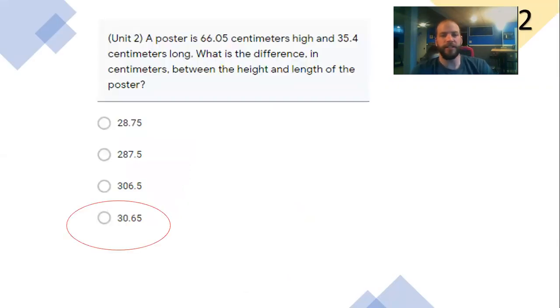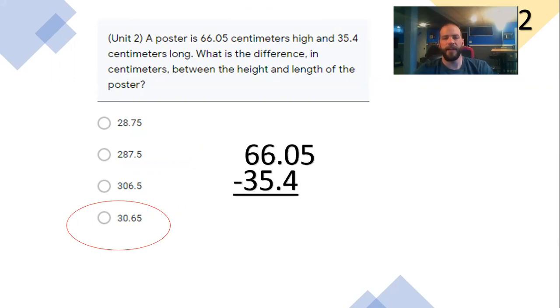A poster is 66 and 500 centimeters high, 35 and 4/10 centimeters long. Well, what's the difference? So difference is the answer to a subtraction problem. We put 66 and 500 on top, 35 and 4/10 on the bottom. Biggest mistake people make is they don't line up the decimals, but you all know how to do that now, right? You can add a 0 if you'd like after the 4, because 4/10 is the same as 40/100. 5 falls down.